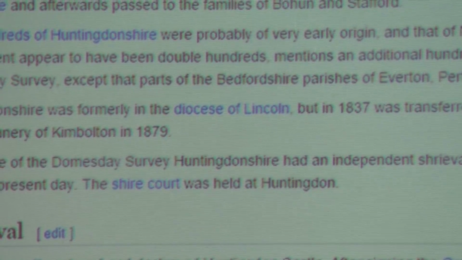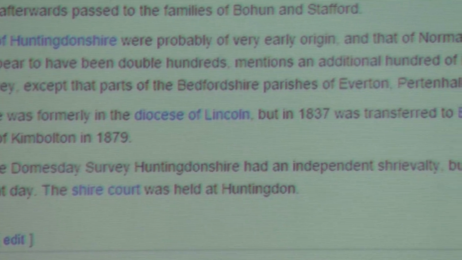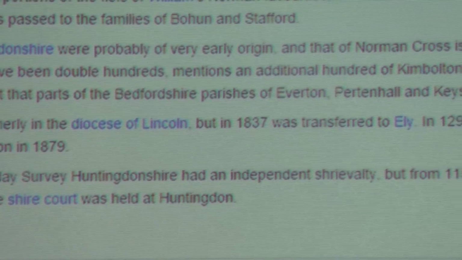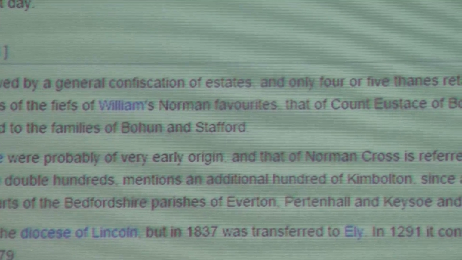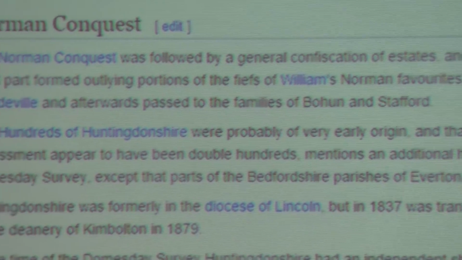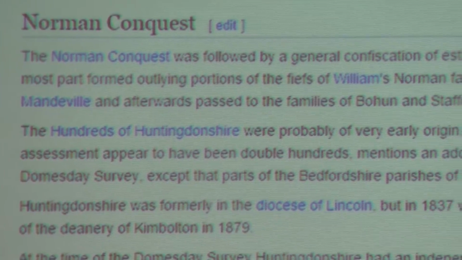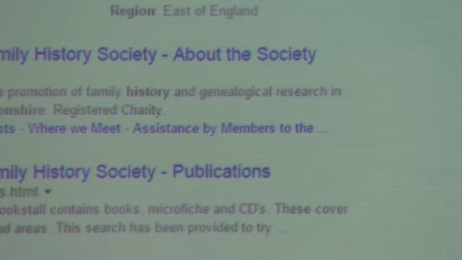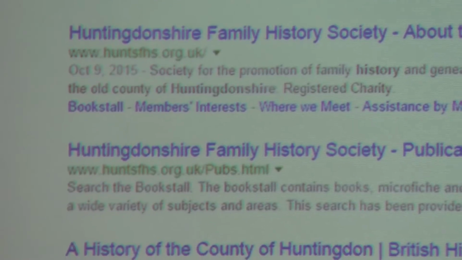Sometimes they were split into two counties. Basically, I'm doing some more information about the history, going back to get more. This doesn't tell me enough of what I needed to know.